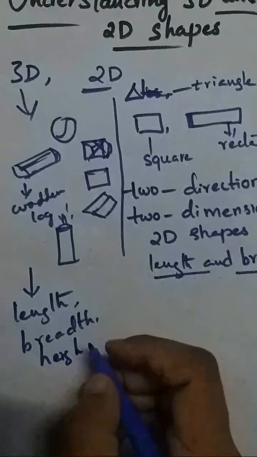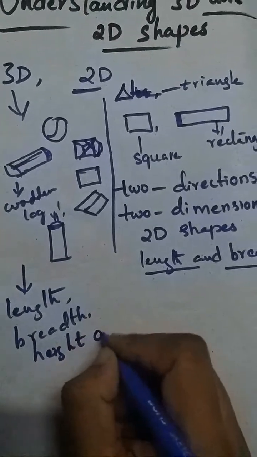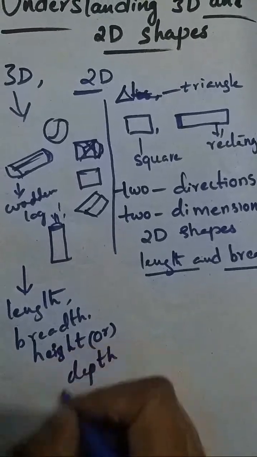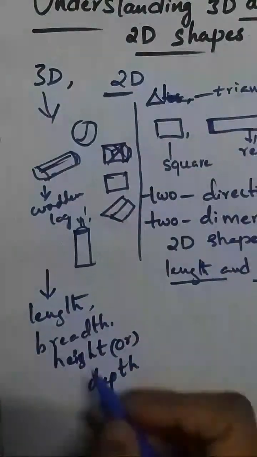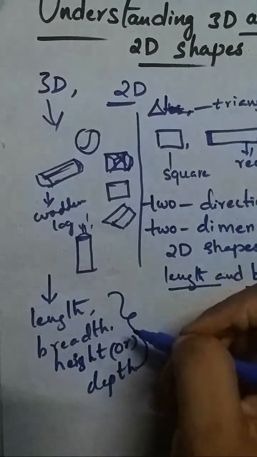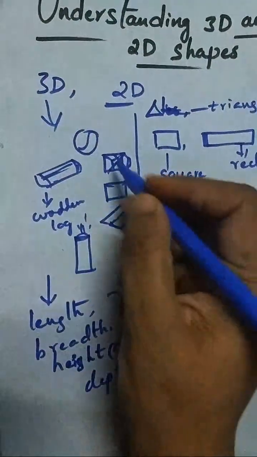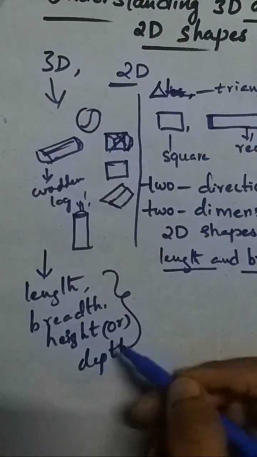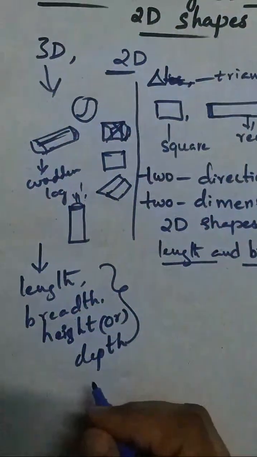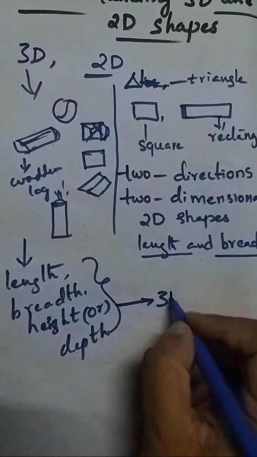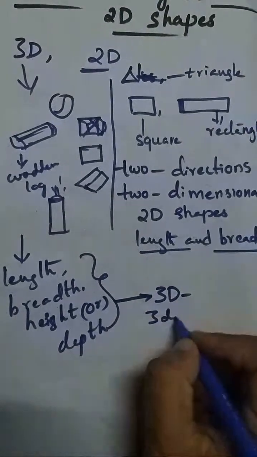Height, or we also call it depth. So these we have to calculate. We are going to see in these 3D pictures length, breadth, and depth. 3D shapes are called three dimensional shapes. 3D means three dimensional shapes.